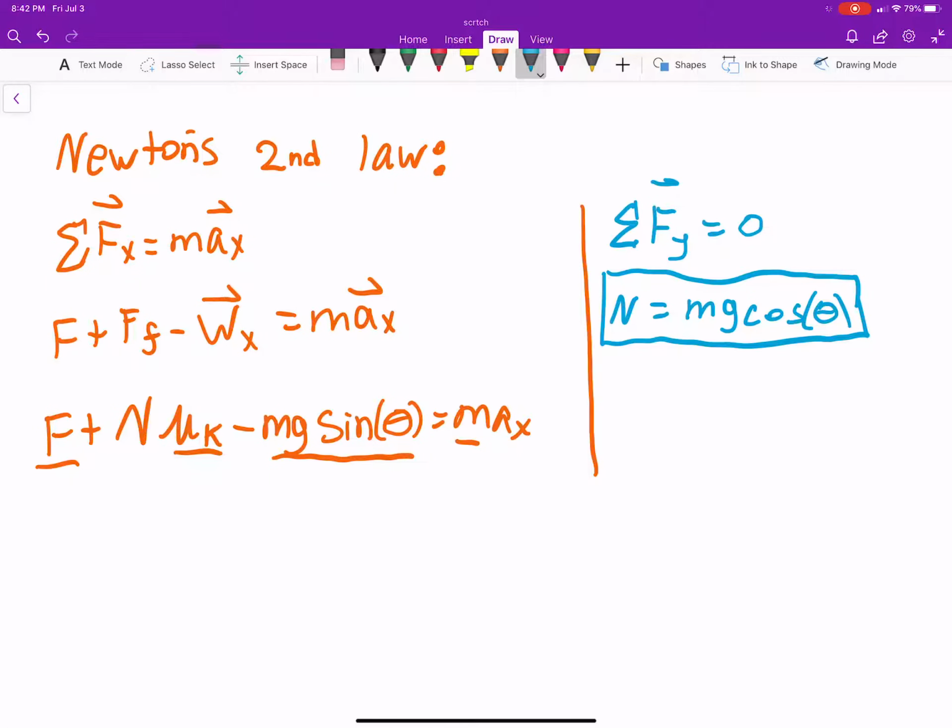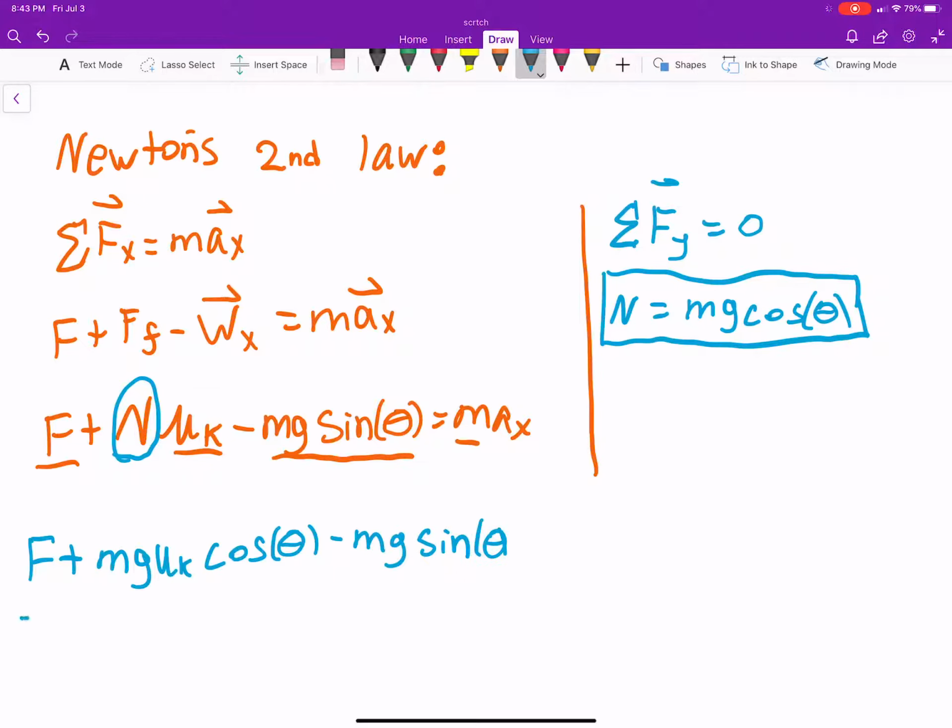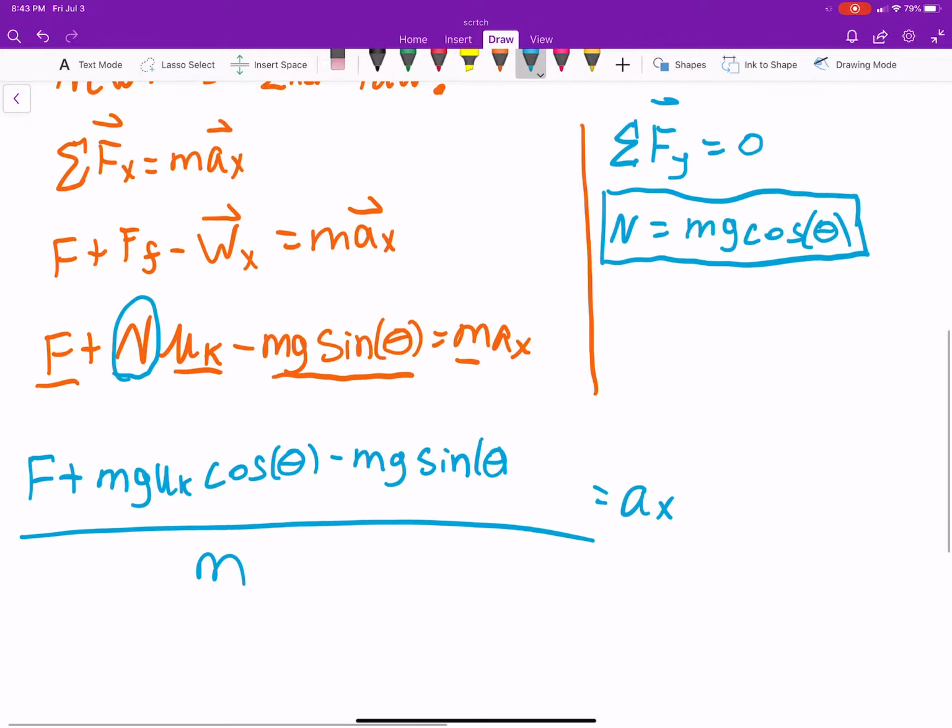So now that we have that, we can plug that in for our normal, and you get F plus mg mu kinetic cosine theta, minus mg sine theta, all divided by m, is equal to our acceleration. And we have all this stuff.